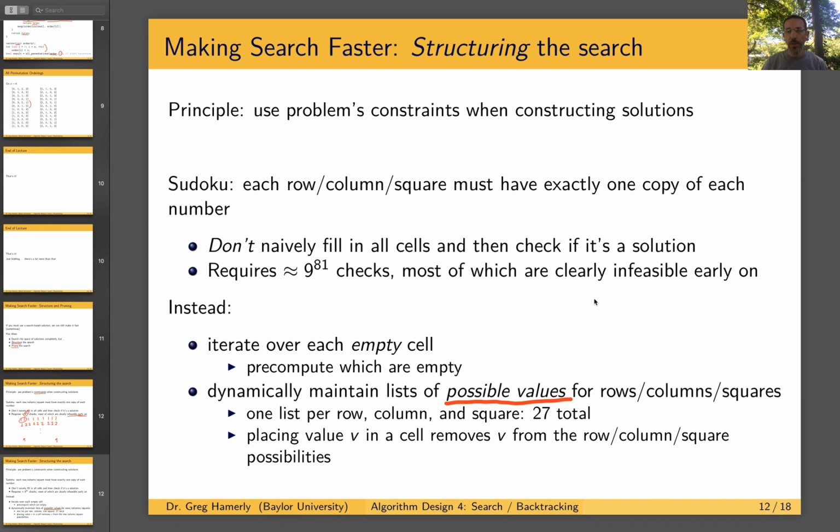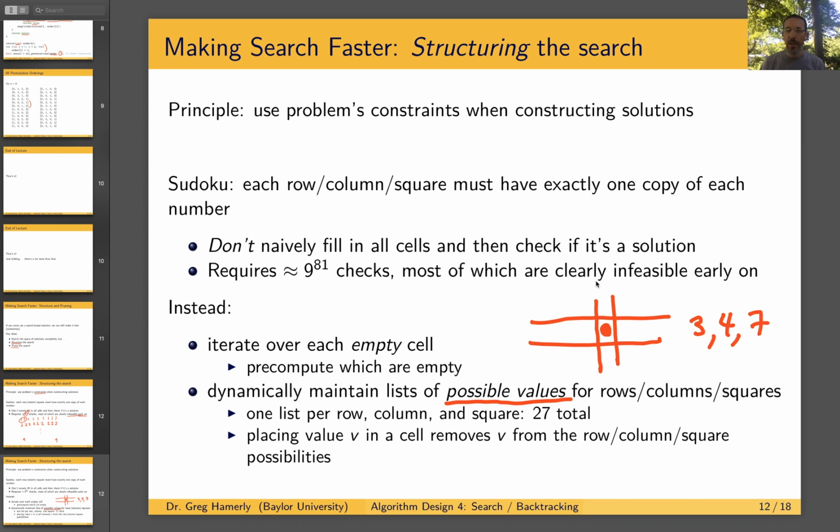So if I have some row, some column, and I have some cell right here, this cell is a member of this row, it's a member of this column, and it's a member of some square. The row that it belongs to might have some values filled in already, and so it might have available only 3, 4, and 7.